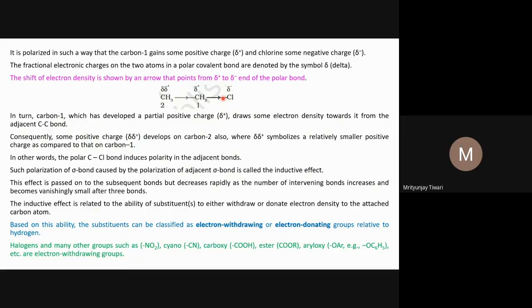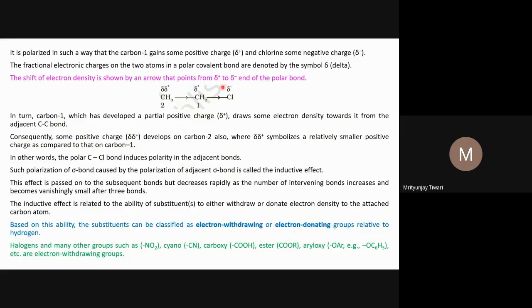So the inductive effect is related to the ability of a substituent to either withdraw, meaning pulling, or donate electron density, meaning giving electron density, to the attached carbon atom. Based on this ability, substituents can be classified as electron withdrawing groups or electron donating groups.